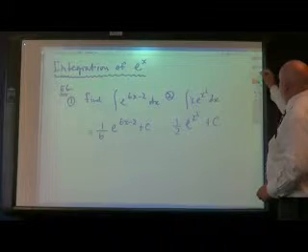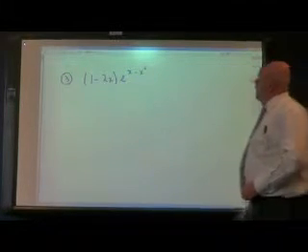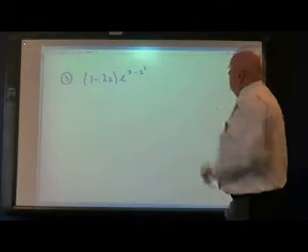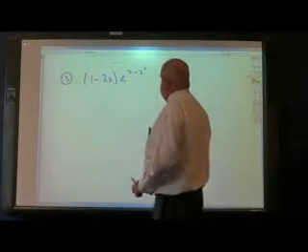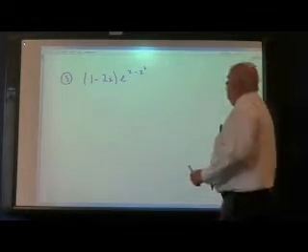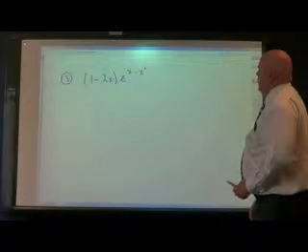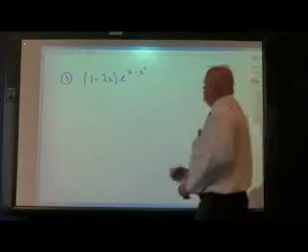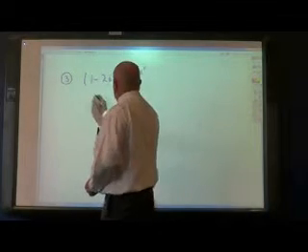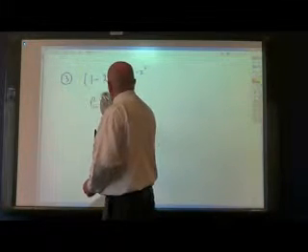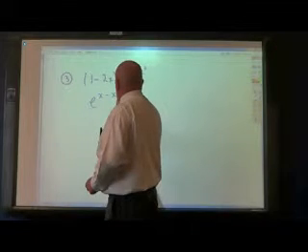Now continuing on to our third example, we can integrate really quite complex expressions. Here I've got 1 minus 2x and e to the x minus x squared. What happens if we just write this down? E to the x minus x squared.